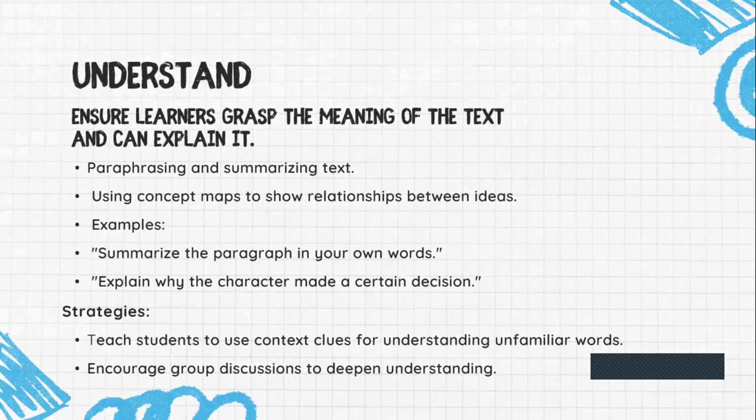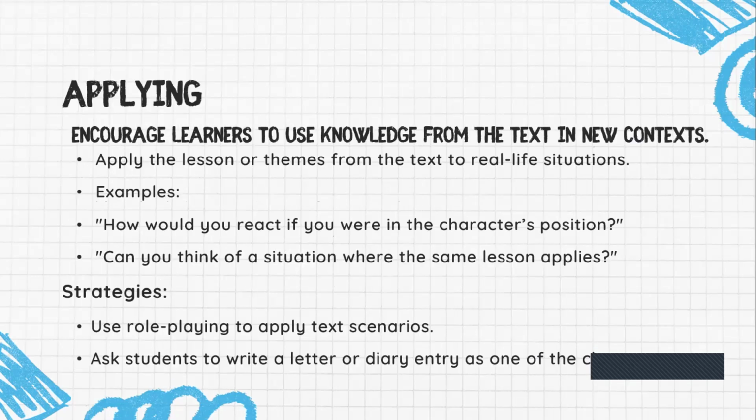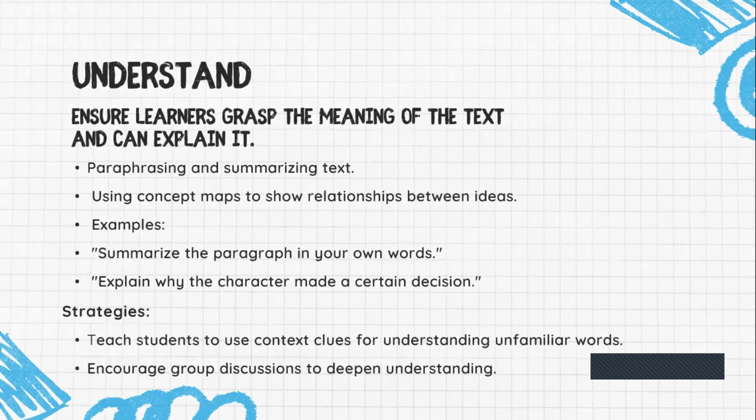That also helps you to see if there is understanding or not. You can also ask them to use concept maps to show relationships between ideas. They can just draw, write an idea, link it with an arrow to the next one, and move all the way on. We're not done with understand.